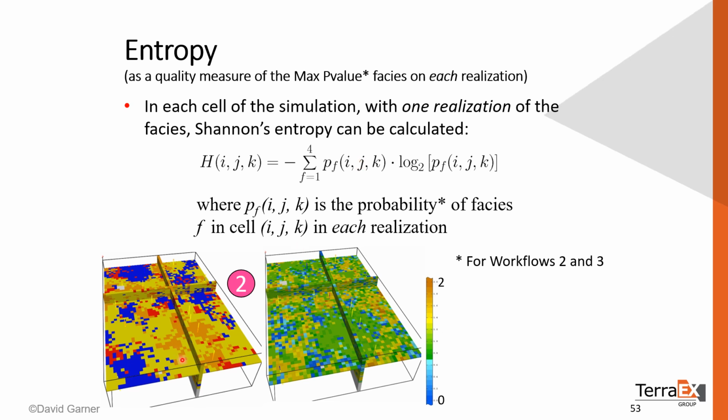So this is showing us that in this realization, in workflow number 2, we have this kind of entropy, and the high numbers are the more orangey yellow. And so that's where you see it's fairly dispersed here. So we're going to have a lot of variability in our realizations in these areas. And so it's a good check on the dispersion in your models.